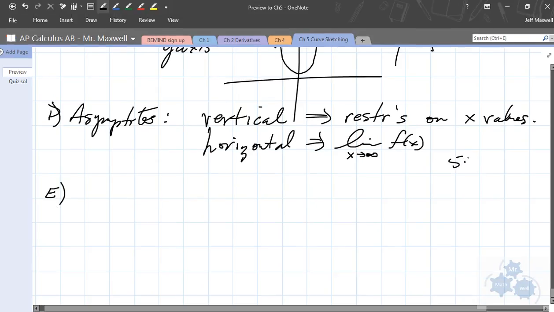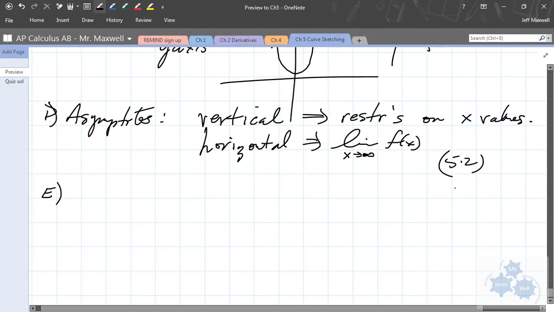Okay, so that's 5.2, the limits there. All right, E. Moving on. Intervals of increase or decrease. So where is the graph increasing or where is it decreasing? So here's where we start to get into the calculus, right?